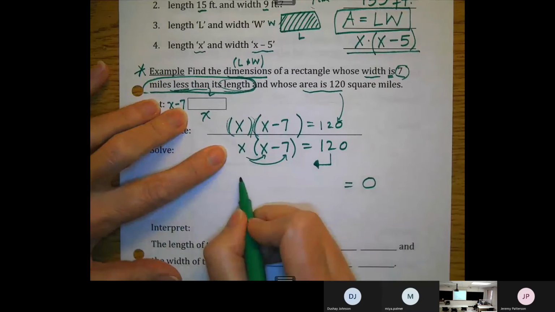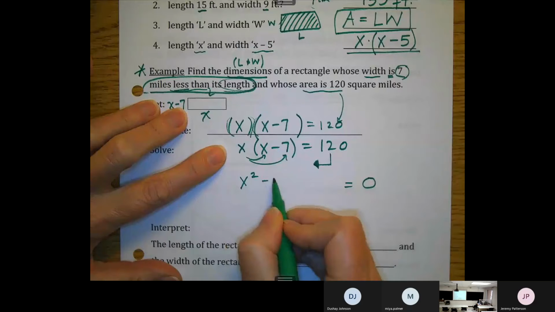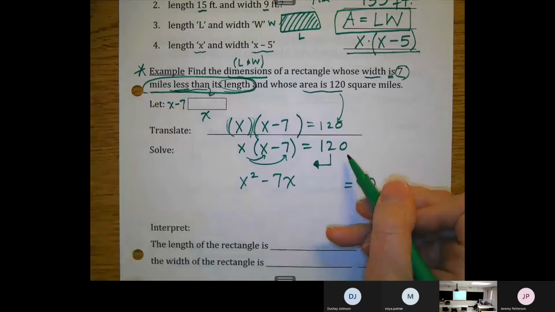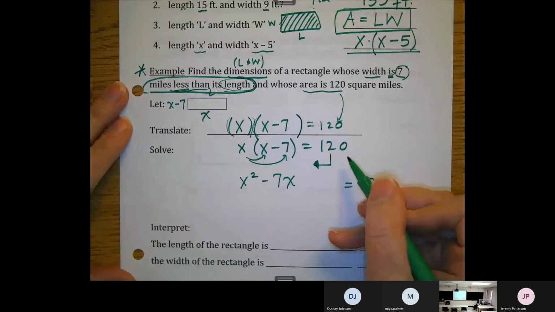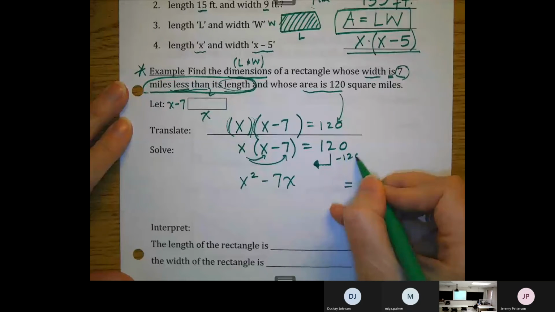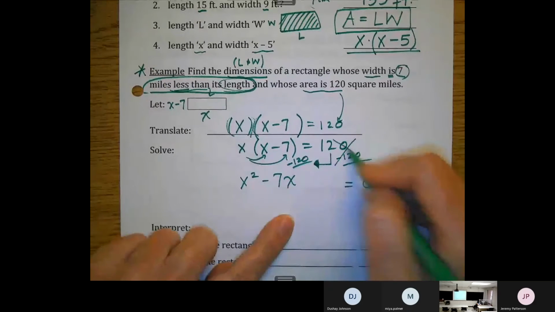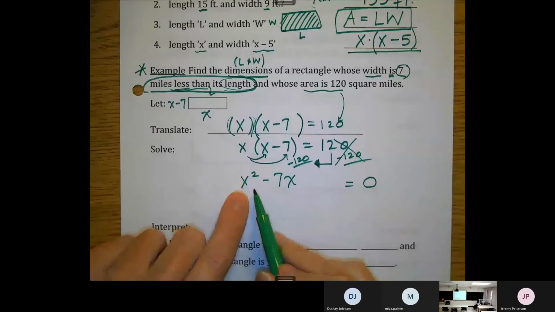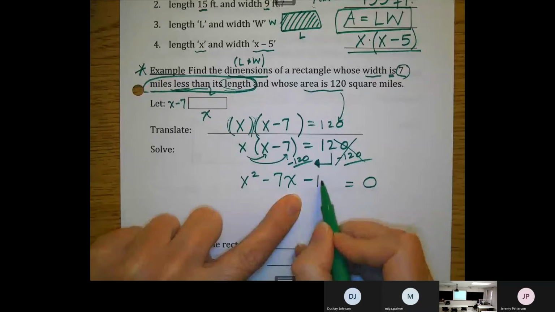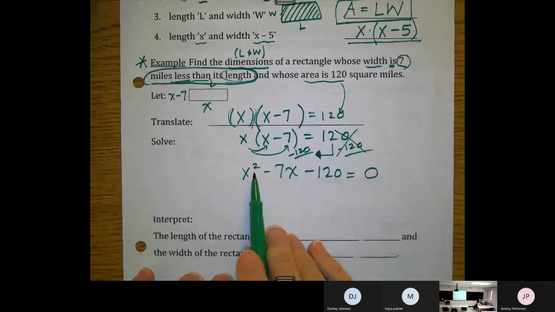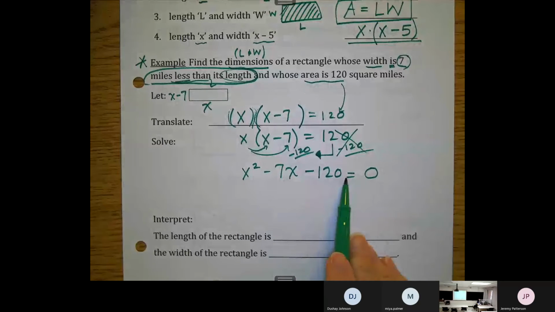So distributing the x, that would make x squared minus 7x. And how can we move the 120 over? It needs to be subtracted, yeah, from both sides. So it'll end up being x squared minus 7x minus 120. And the exponents are descending like we wanted, the squared and then the x and then the number without an x.